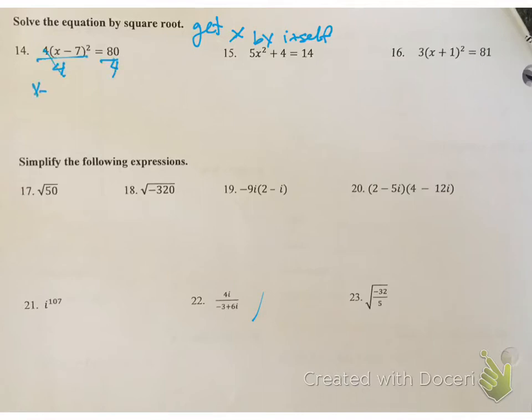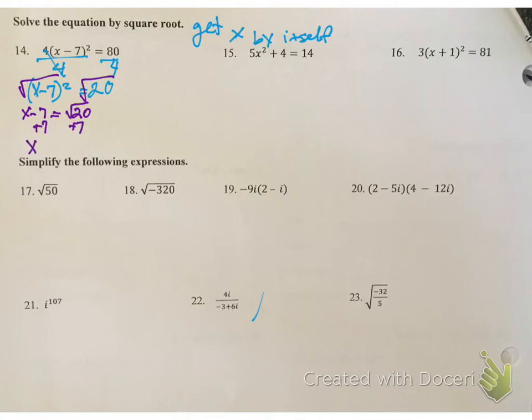And I get x minus 7 squared equals 20. Then I need to take the square root because I want to get rid of that square. So when I square root everything, you end up getting x minus 7 equals the square root of 20. Then I add 7, add 7.